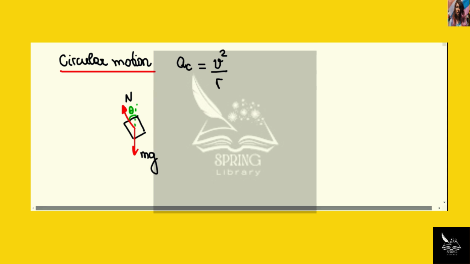So I'm going to decompose these forces into an x and y component, and I'm going to choose the y coordinate to be pointing upwards and the x coordinate to be pointing to the left. So in the y coordinate, we have N times the cosine of theta minus mg.